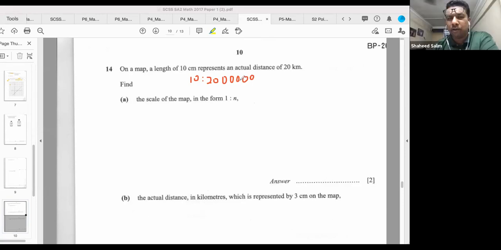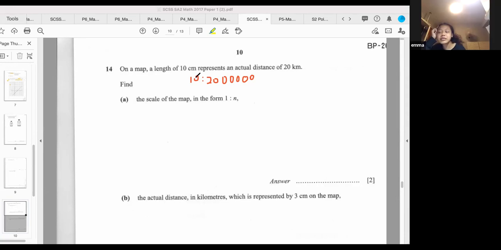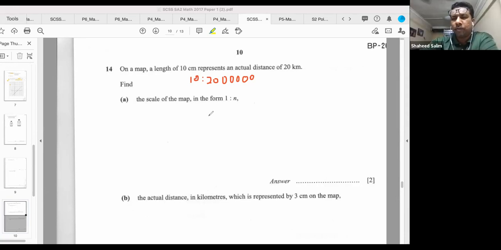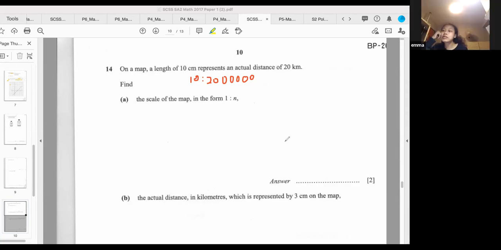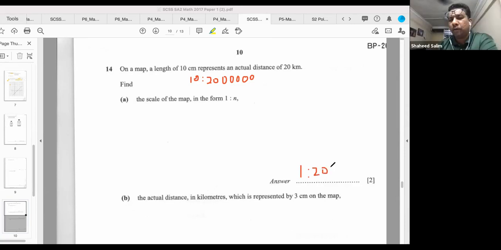Okay, 20 km is 2,000,000 cm. Yeah, 1 million. Is it okay? Now, we want 1. Cancel 1 zero, cancel 1 zero. You got the answer again? 1 is to 200,000. Okay.